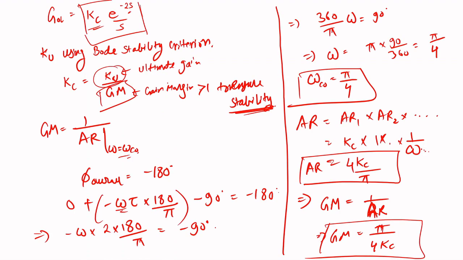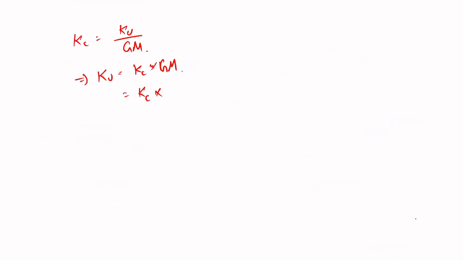Now for this Bode stability criterion, we know that Kc is equal to Ku upon gain margin, that is you can write Ku is equal to Kc times gain margin, and gain margin we found out as pi upon 4 Kc.